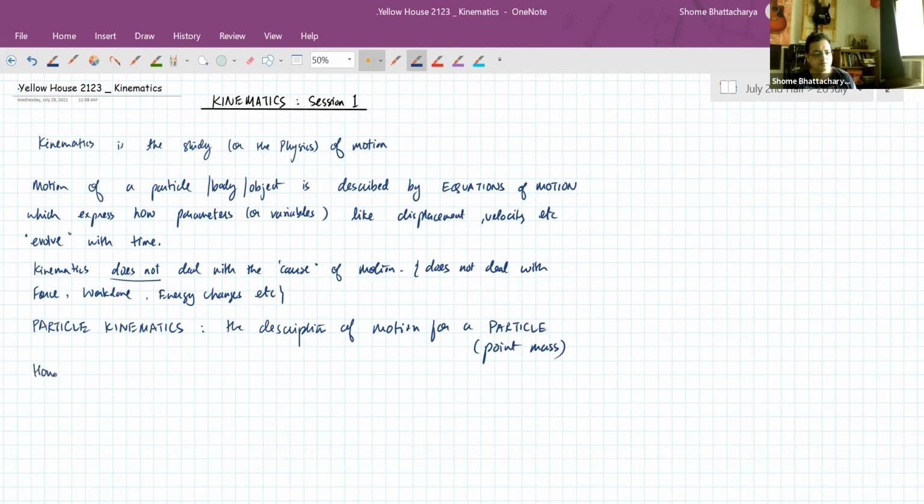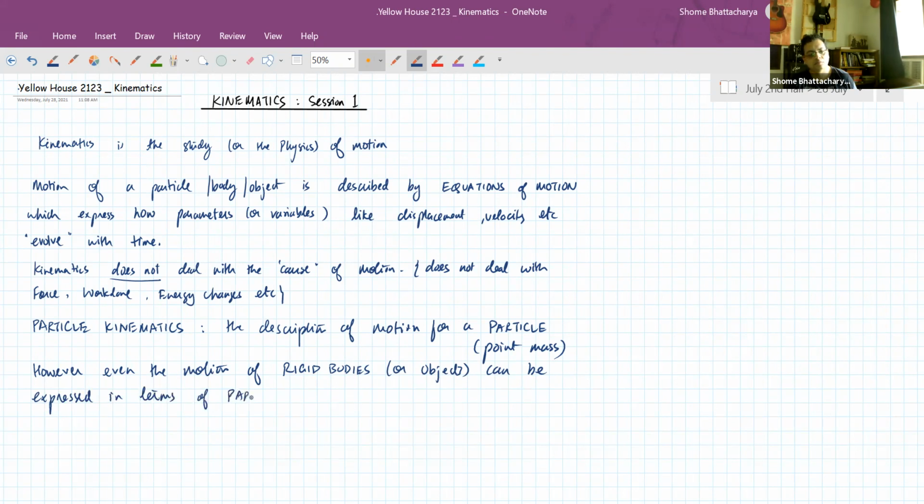However, even the motion of rigid bodies or objects can be expressed in terms of particle kinematics, provided they are not rotating.